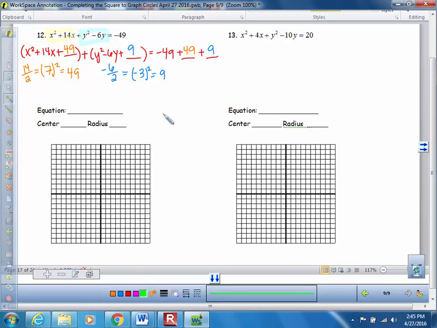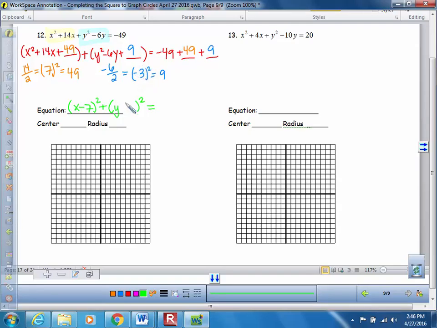Now, I want to write my equation, so I know I'm going to have parentheses, x squared plus parentheses with a y squared equals a number. So what goes in with x is going to be what I got when I divided b by 2. So that's a +7, so this would be -7. Then what goes in there with y?